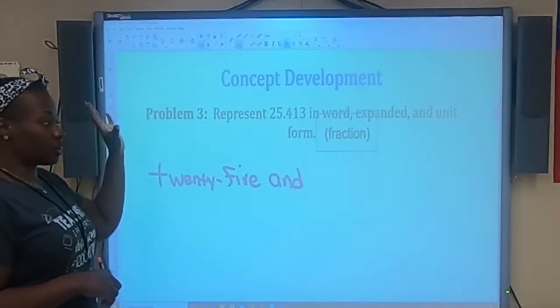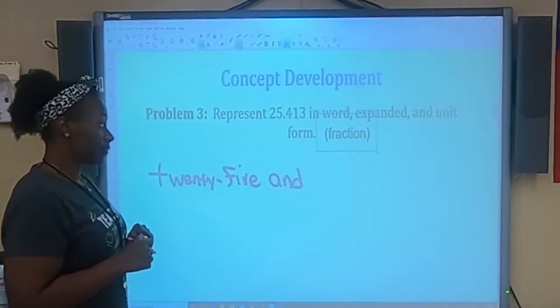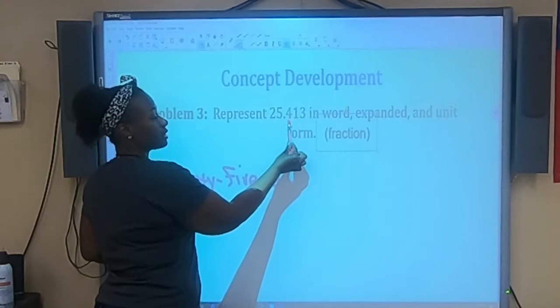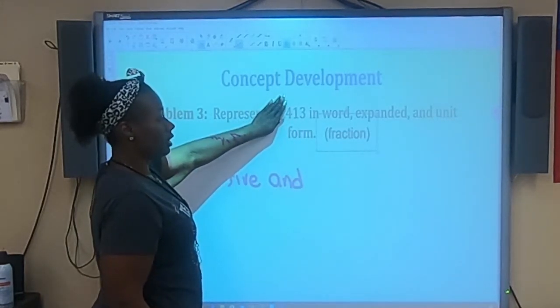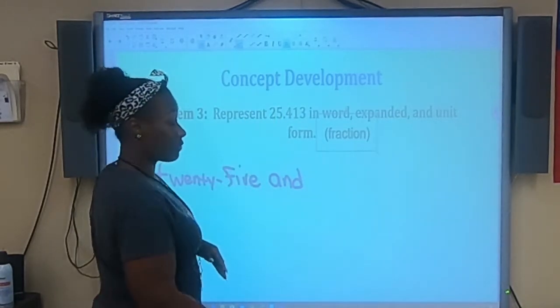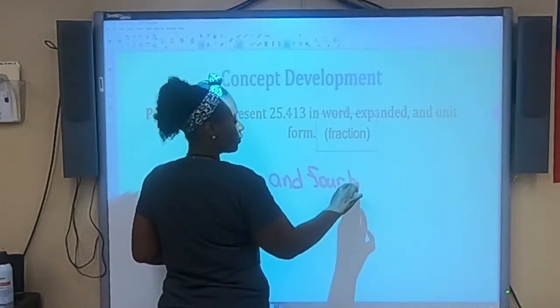Okay, the decimal puts the whole number and the decimal together. So I say and. Now my next step is I'm going to read just the numbers I see behind the decimal. Pretend like this whole number is not there. So if I'm looking at it, all I see is 413. So that's what I write. 413.